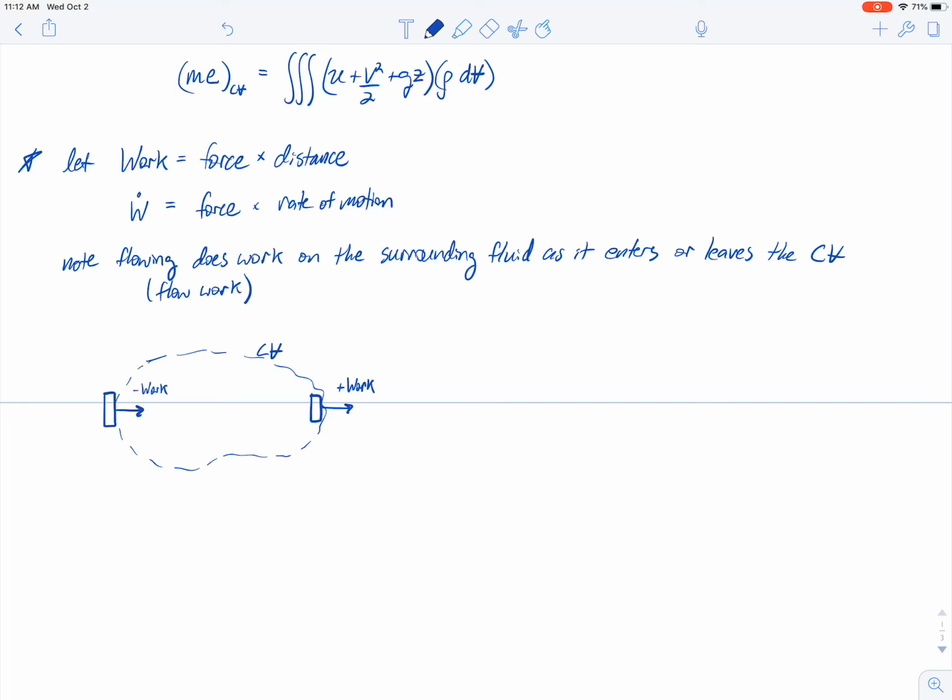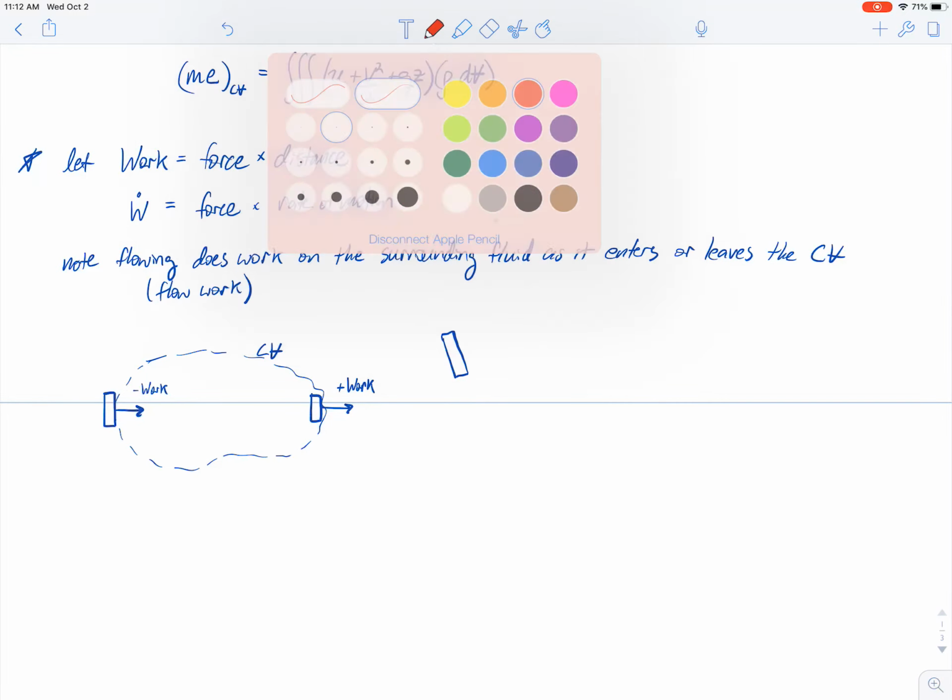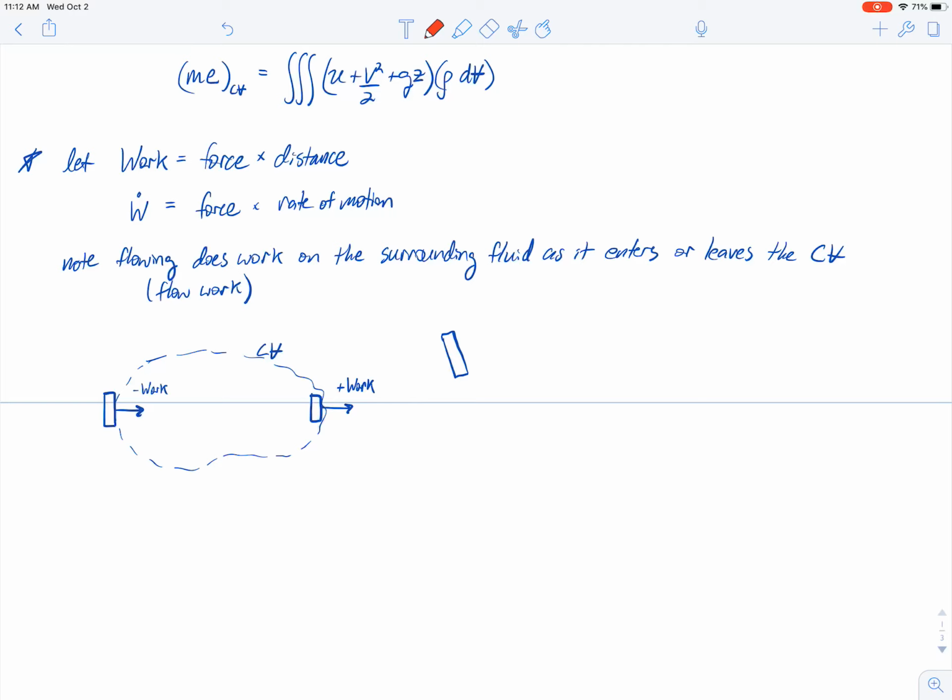Well, let's look at a packet of fluid, and I'm going to draw a packet of fluid here. That packet of fluid might be moving with a certain velocity, so I'll give it a velocity vector looking that way.